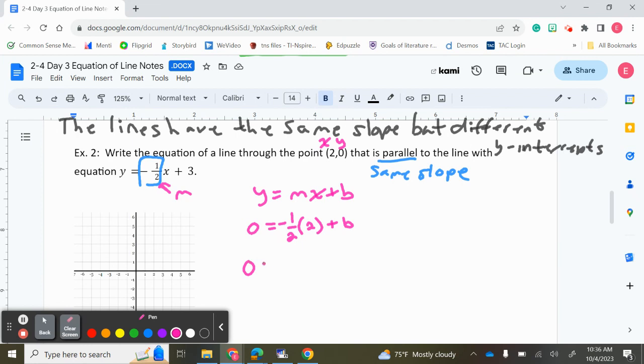So this will be 0 equals negative 1 plus b. Then I add 1 to each side. So I get b is equal to a positive 1. So I'm going to have here y equals negative 1/2 x plus 1.